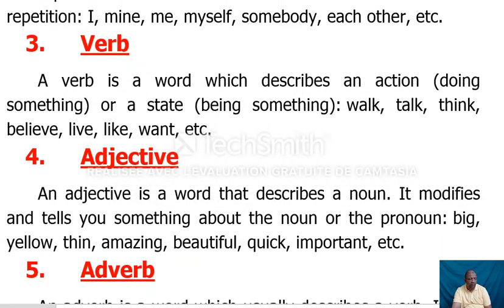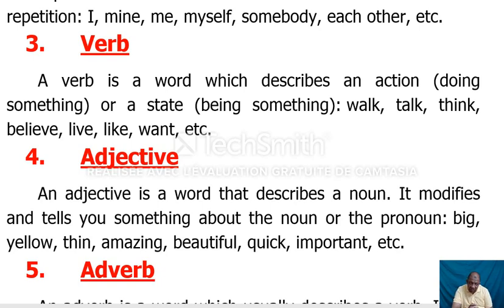Number 3, verbs. So what's a verb? A verb is a word which describes an action. Here, a verb that describes an action, we call it a dynamic verb, or a state. The first one, which describes an action, means doing something.